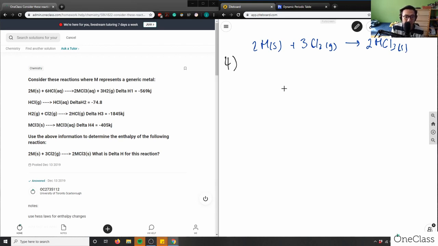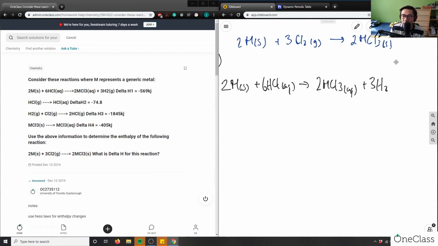So we have 4 chemical equations we can look at. The first is 2M solid plus 6HCl aqueous yields 2MCl3 aqueous plus 3H2, and the enthalpy of this reaction would be delta H equals negative 569 kilojoules.